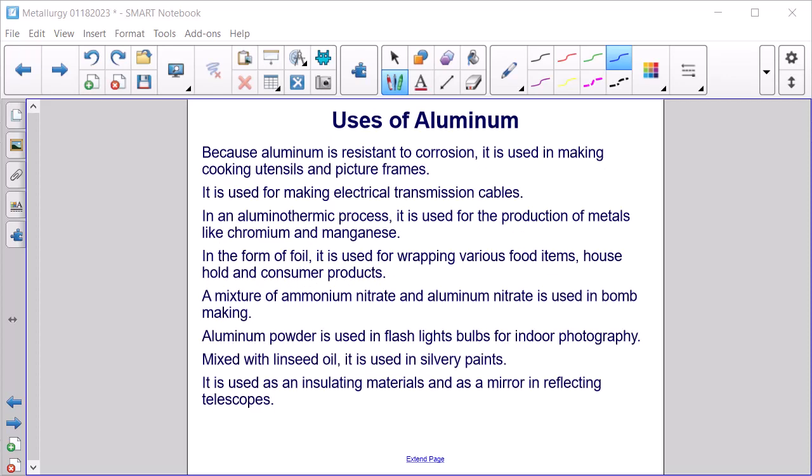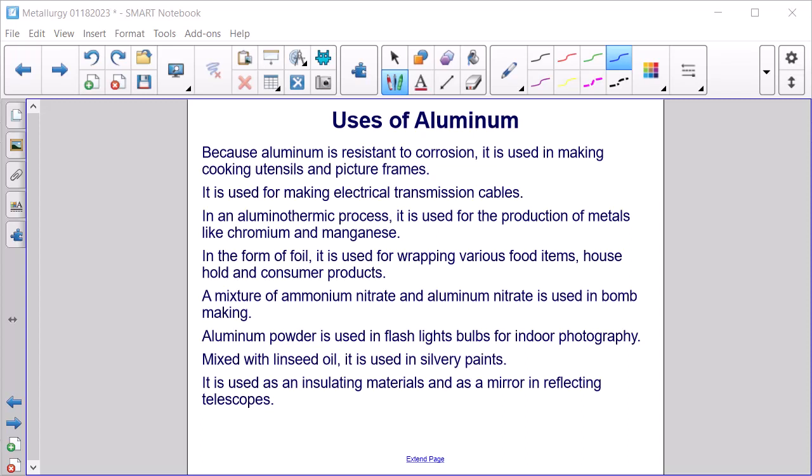Uses of aluminum. Because aluminum is resistant to corrosion, it is used in making cooking utensils and picture frames. It is used for making electrical transmission cables. In an aluminothermic process, it is used for the production of metals like chromium and manganese. In the form of foil, it is used for wrapping various food items, household, and consumer products.